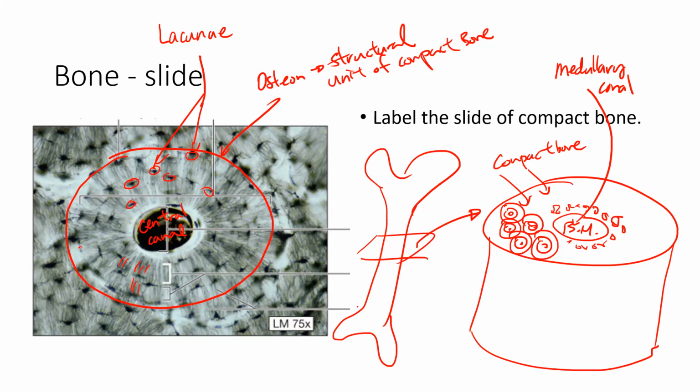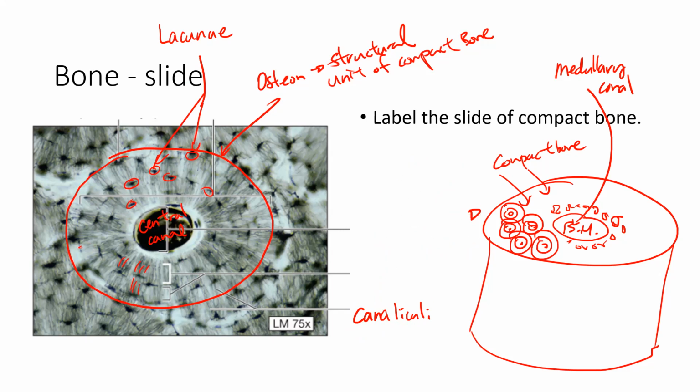Those are the canaliculi. Sorry, I got confused for some reason. Canaliculus with us for singular, and canaliculi for plural. So if this is the lacuna, the canaliculi will be coming out like this, kind of like a bug. And the bone cells will live in there.